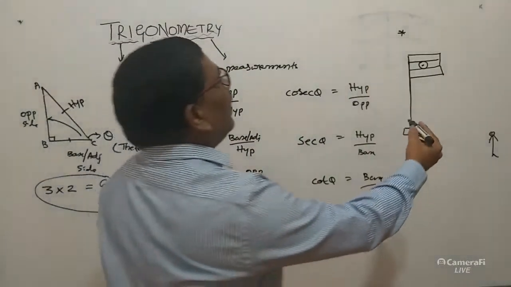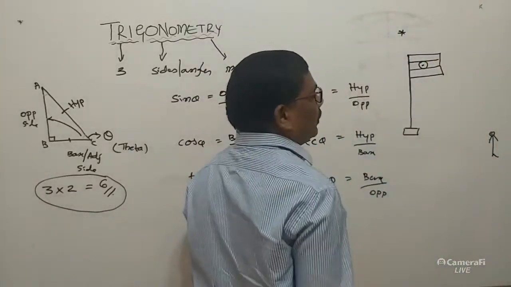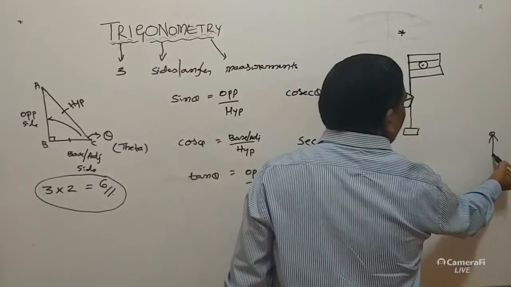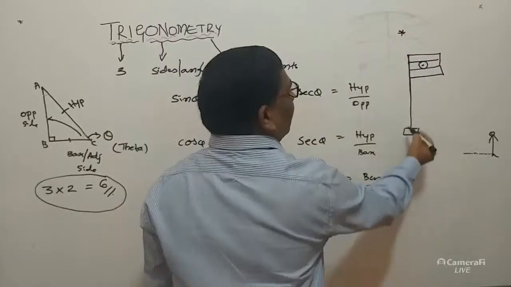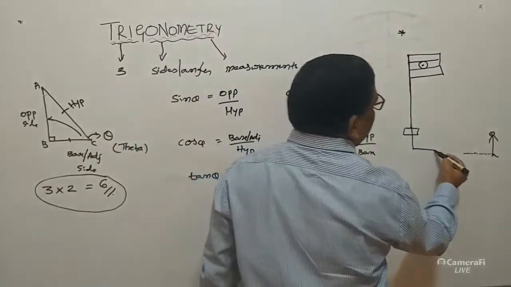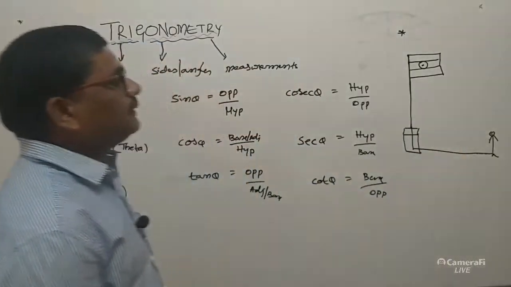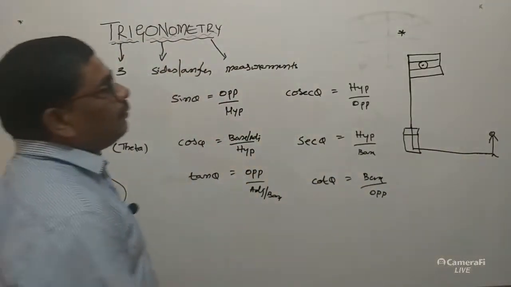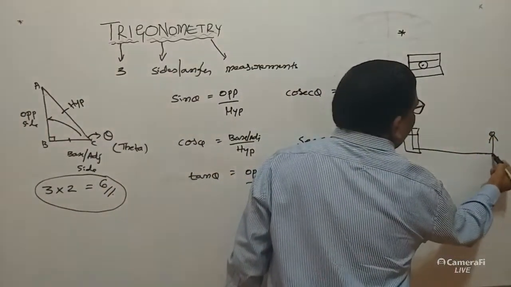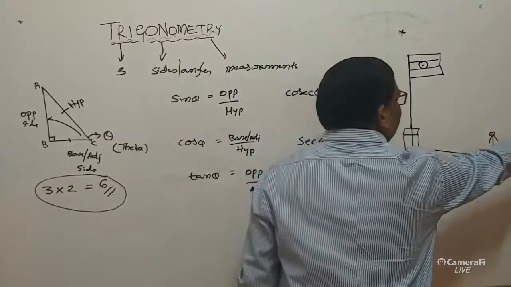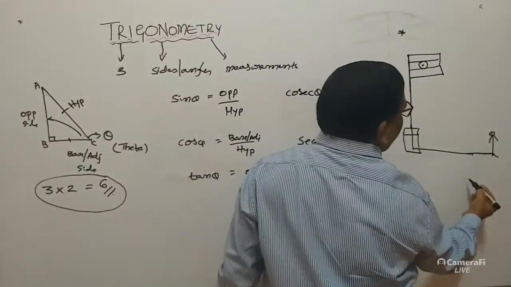In the beginning we don't know the height of this flag post, because the boy wants to measure it. When he comes towards the flag post, how far is it? He can walk towards the flag post, or move away from it. Suppose the distance is almost 200 feet.